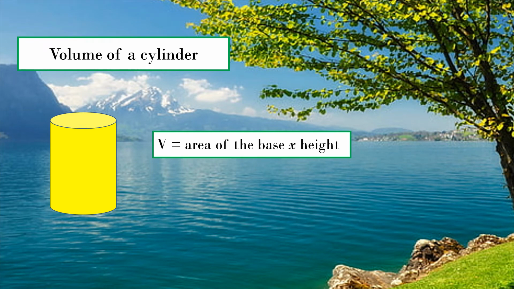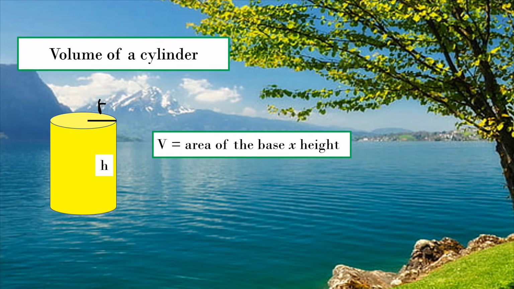Volume is equal to the area of the base times height. In the figure, the base is the same as the top end of the cylinder. So I am going to put the radius there and the height is there.